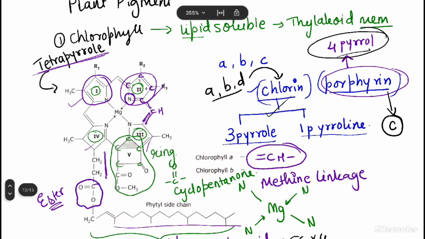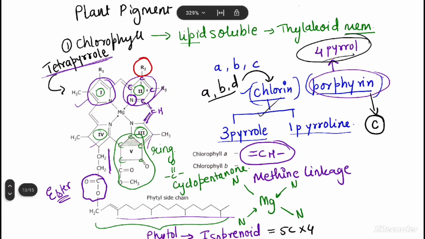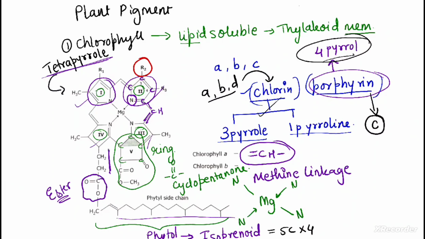Now there was one more thing that I want you guys to understand. It's very important: the R2 group that is present on the second pyrrole ring. This R2 group is the differentiating factor. You can basically differentiate between chlorophyll A and chlorophyll B. Chlorophyll A has a methyl group there, and chlorophyll B has an aldehyde group. So these are the basic things which one should remember.